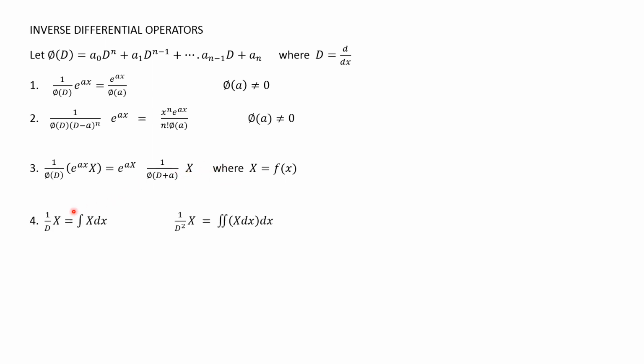For 1 over D of x, it is just the integral of x dx. Remember that 1 over D is the opposite of differentiating x. So this is the integral of x dx. Similarly, 1 over D squared of x is the double integral of x dx.